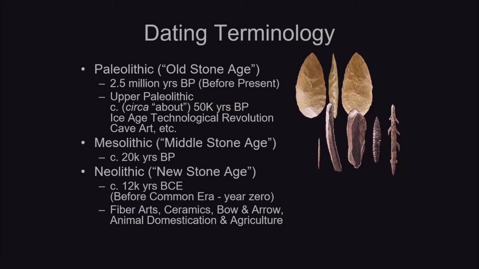Now, that's BCE. And what does BCE mean? Well, it means before the Common Era, and the Common Era is just before year zero. On the traditional Christian calendar, we start with the year zero, and that's supposedly the year that Christ was born, but the truth is that it's actually not.